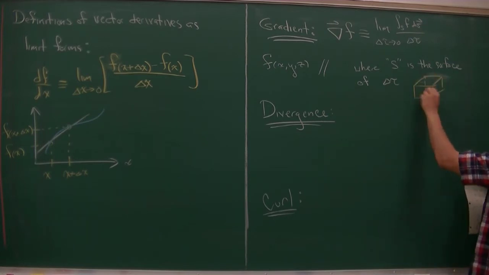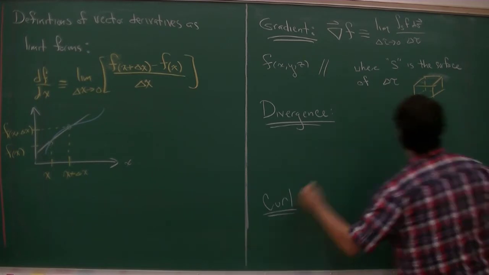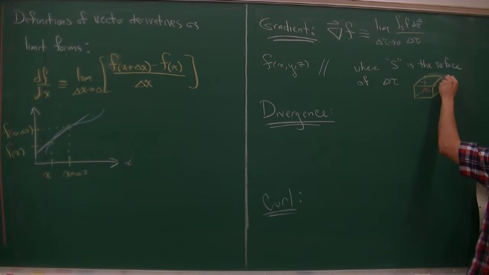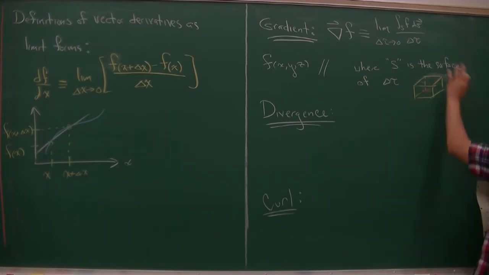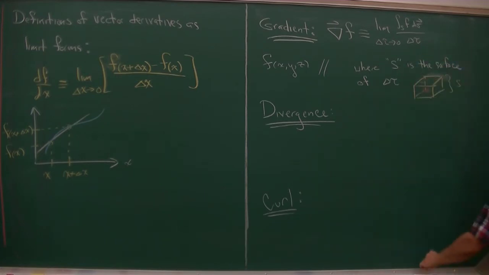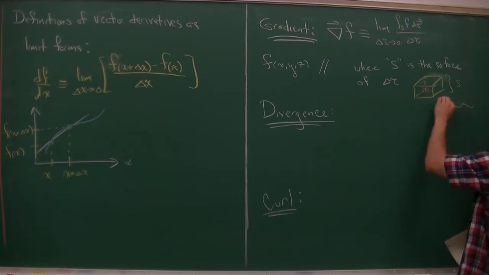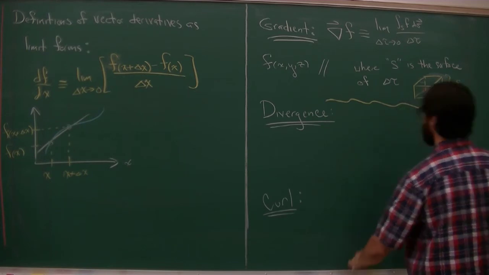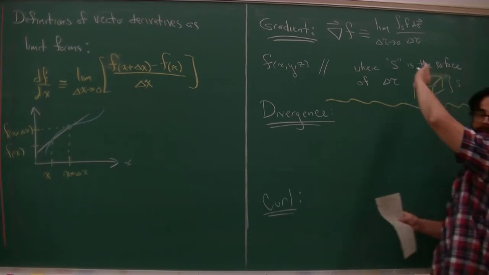So the interior of this box is delta tau. And the whole surface of it, so imagine you'd have to paint this, is S. Okay. And then the limit as delta tau goes to 0 would tell me the gradient. So in some sense, that's the geometric definition. Although mostly what you know it as is the thing that tells you the direction of greatest descent.